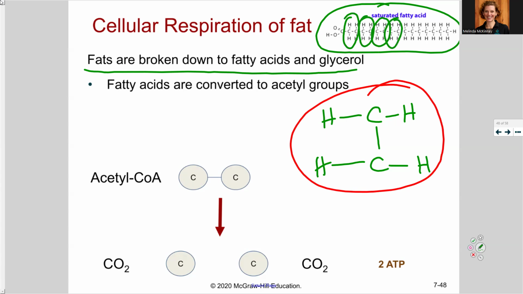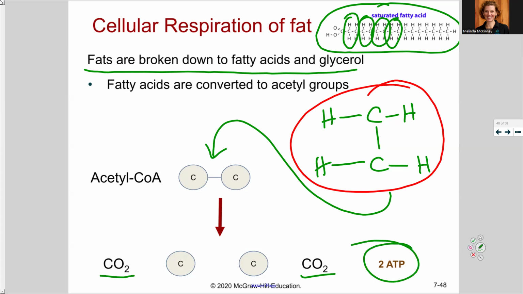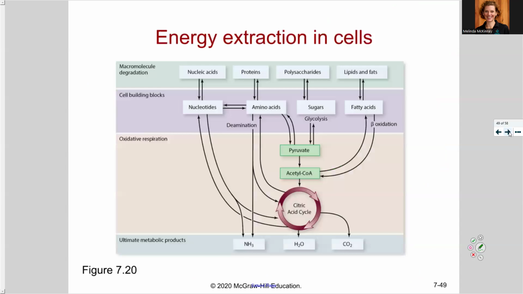So it can take this group, this is called an acetyl group, and it just takes it and puts it into, again, aerobic cellular respiration, brings it into the citric acid cycle, and it can be broken down into carbon dioxide and make a little bit of ATP. So for every acetyl group, every 2 carbons, it can get 2 ATP out. So very energy rich.